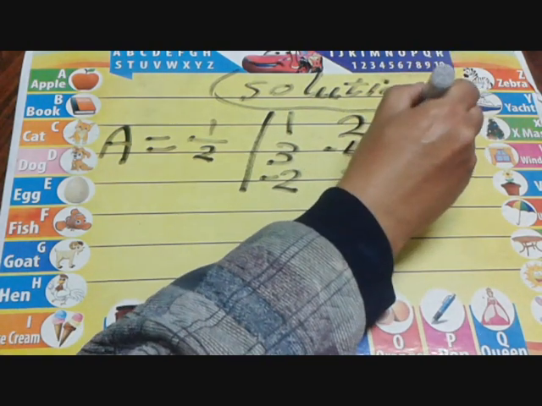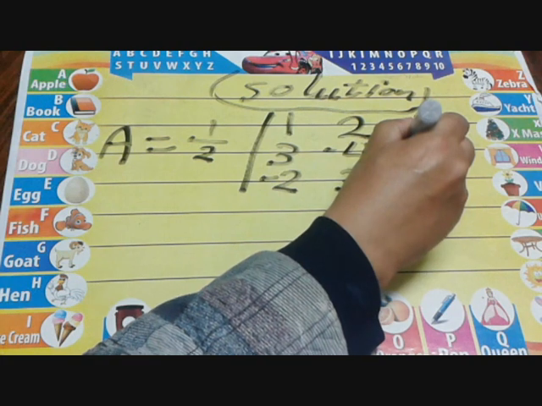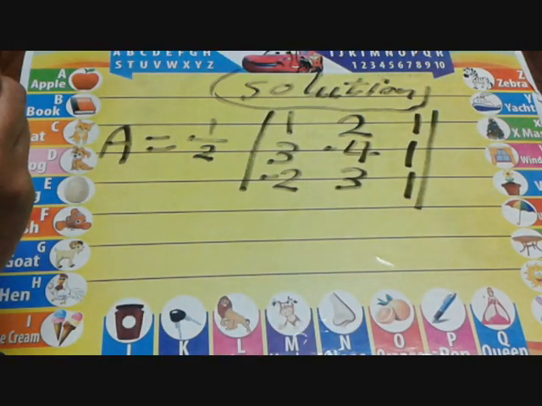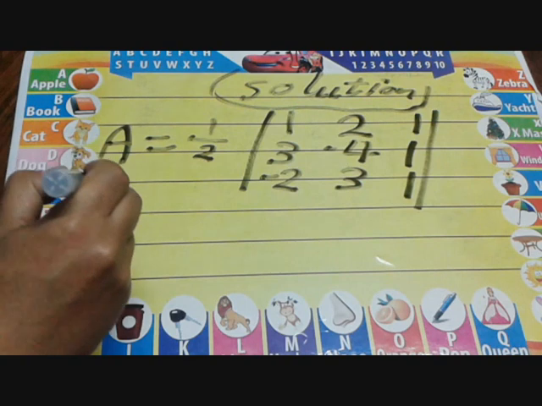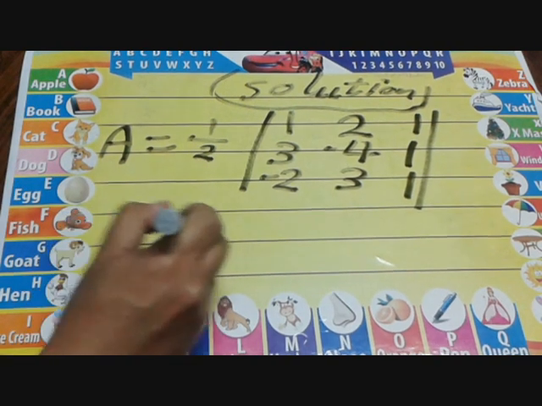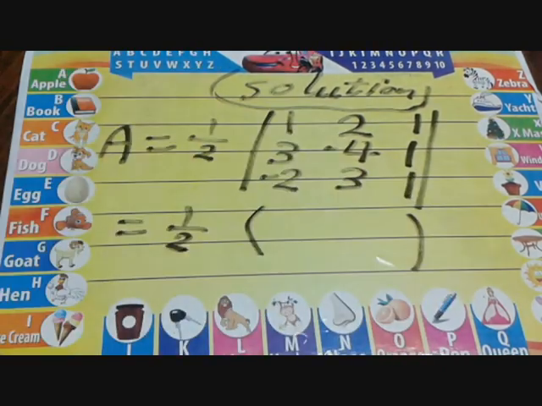In this column I put 1, 1, 1 according to the rule. This equals half. What should I put here? Calculate the value. Find the value of this determinant.